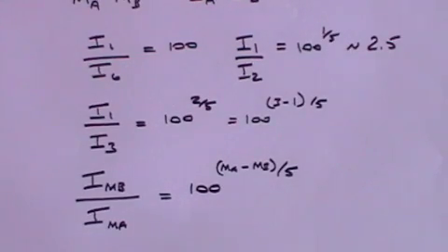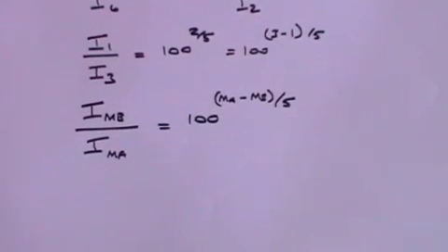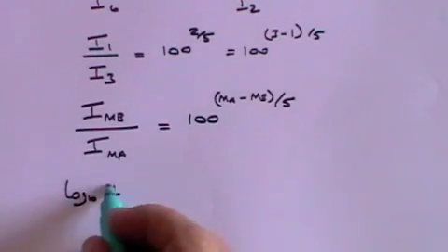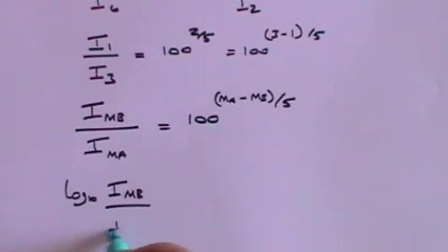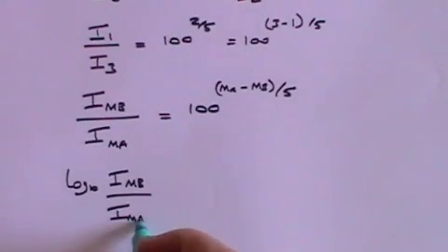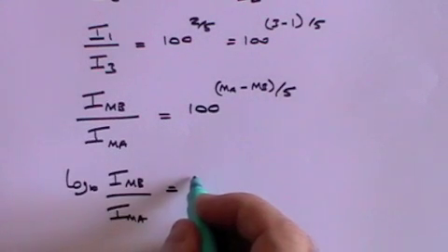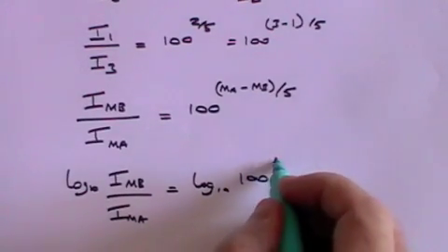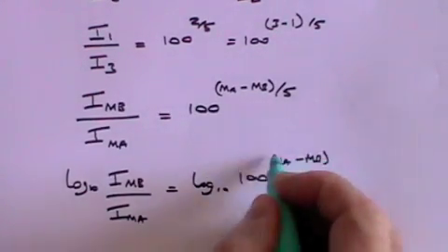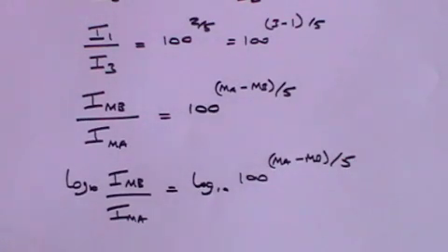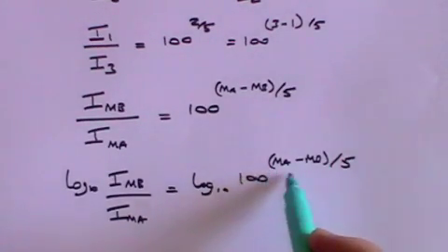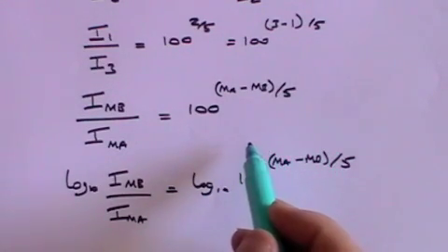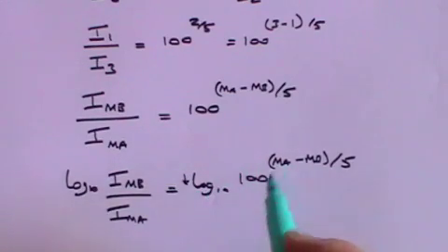So now let's take logarithms to the base 10 on both sides. So log to the base 10 of IB divided by IA is equal to the logarithm to the base 10 of 100 to the (MA minus MB) divided by 5. And whenever you've got a logarithm, the exponent can be brought down in front of the logarithm as a multiplication.